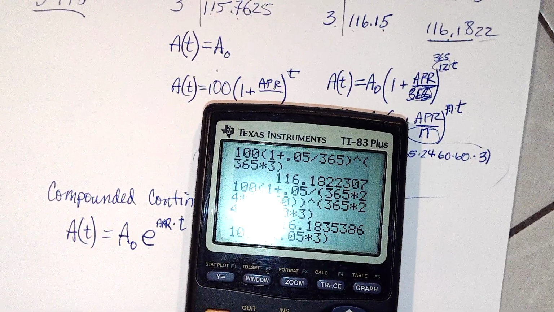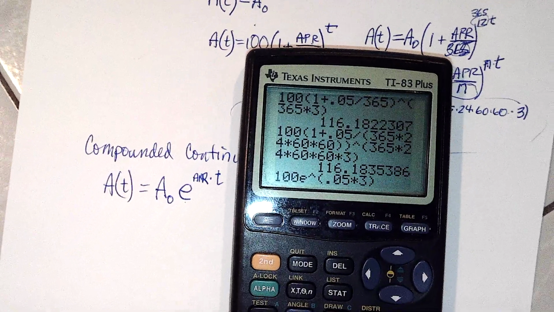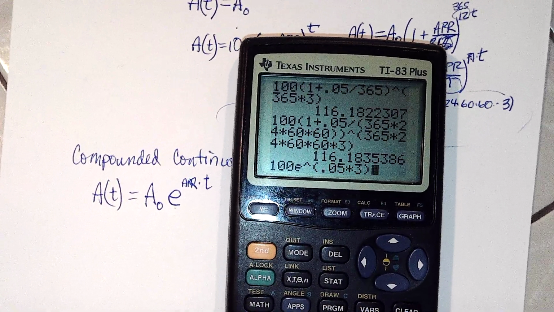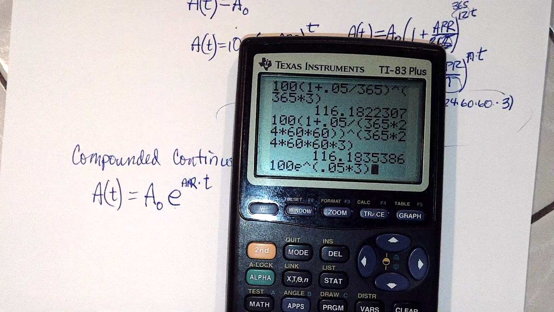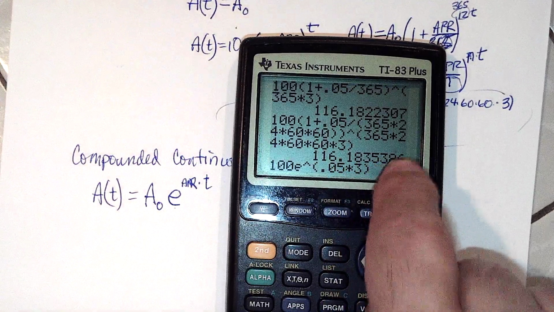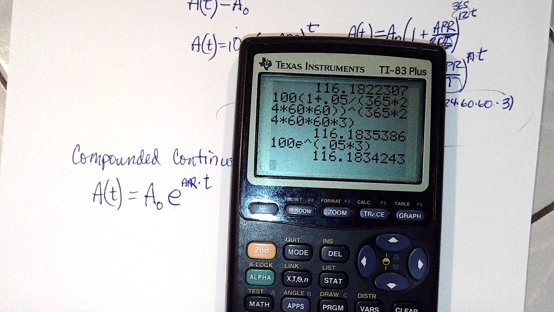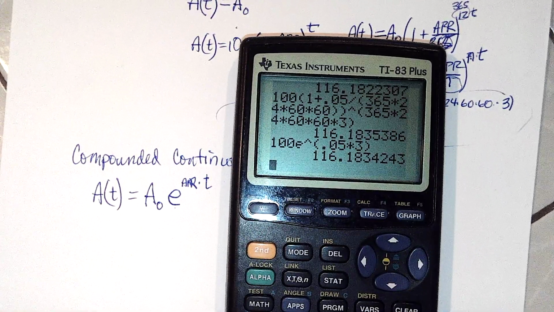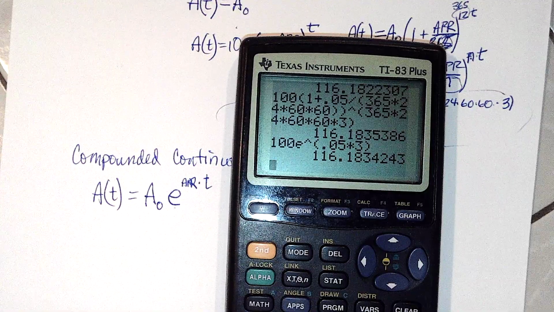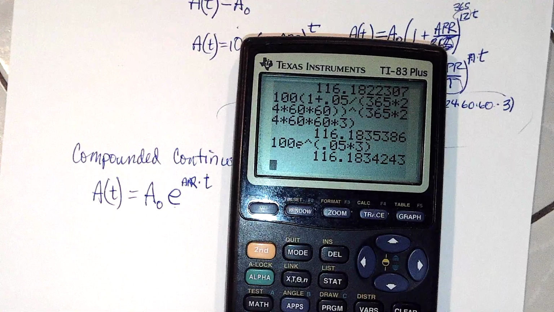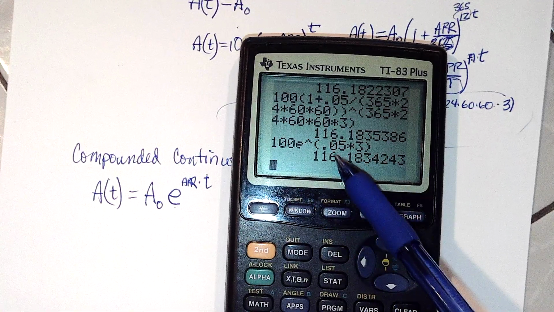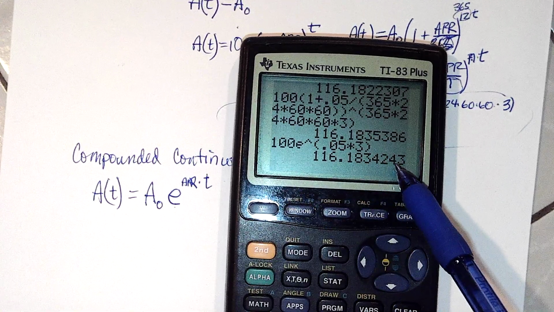So this is compounding it more frequently than every second, like every microsecond. So it should be slightly higher than this number. Let's see what happens. Oh, it came out slightly lower for some reason. Not supposed to be. But anyway, this is compounded continuously.